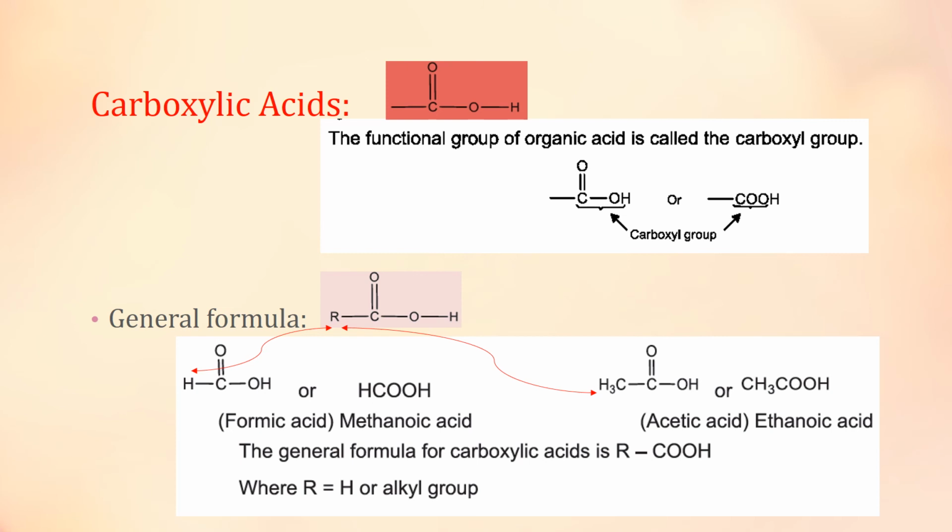So when a methyl group is attached here, we say that it is acetic acid or ethanoic acid. So the carboxylic acids contain the carbonyl group attached on one side to the hydroxy group, and on the other side some alkyl group is attached. So C double bond OH is the functional group of the family of carboxylic acids.